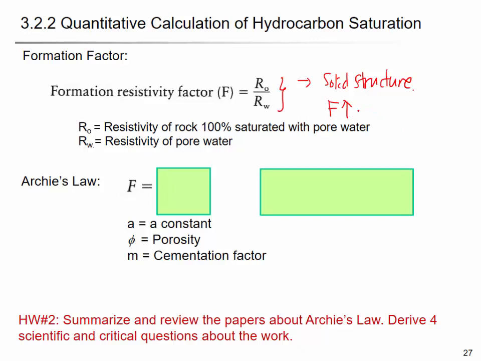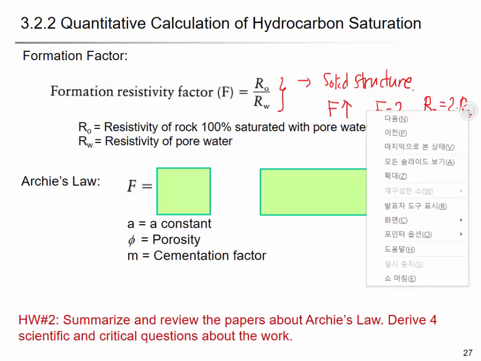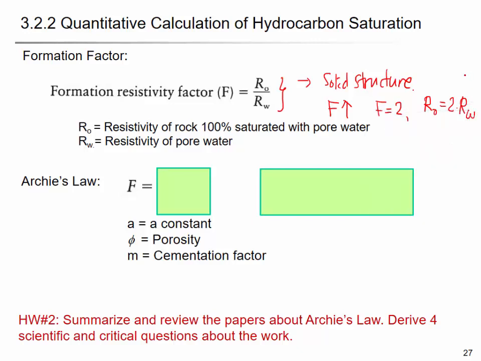If F is like 2, then R0 is 2 times Rw, right? So the resistivity of the rock itself is twice that of the pore water, right? So if F increases, then the resistivity of the rock increases.